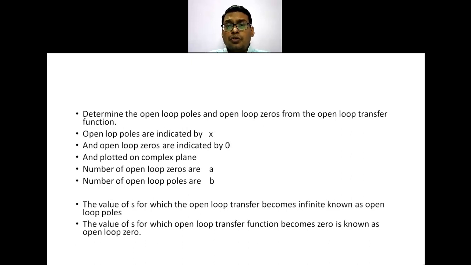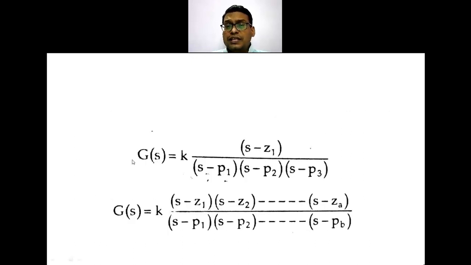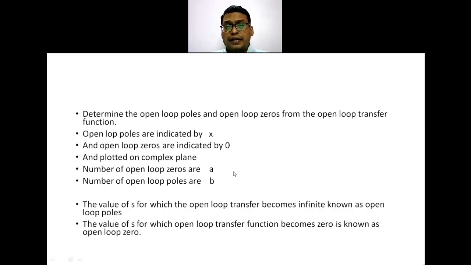Now this is written in terms of a general formula, the transfer function, which is equal to S minus certain values upon S minus certain values and a certain parameter. So determining the open loop poles and open loop zeros from the open loop transfer function.